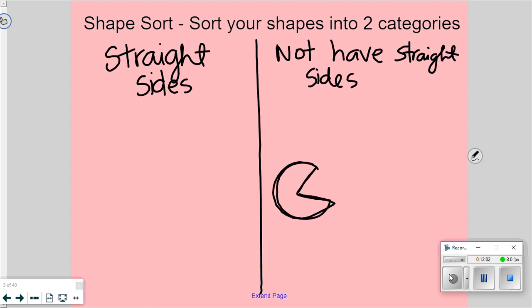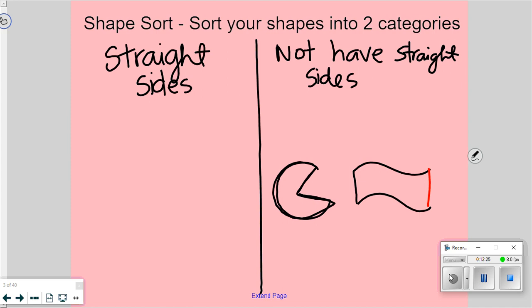Some of you might have had some trickiness with the shape that looked like this. Where did you put that shape? That not straight sides. Some of them are straight, but are all of them straight? No. Nope.